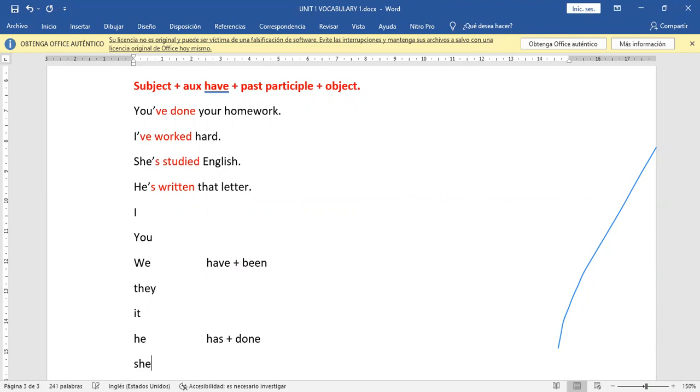Been: I have been, you have been, they have been in Tarija. She has been in Santa Cruz. What does it mean? She has been in Santa Cruz.